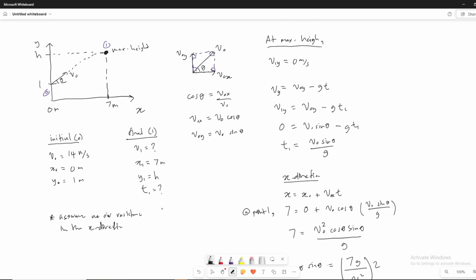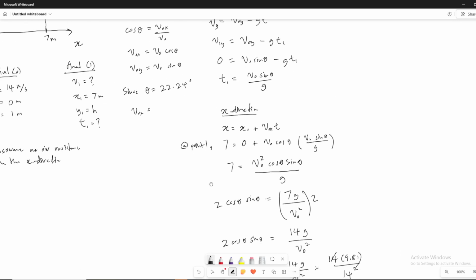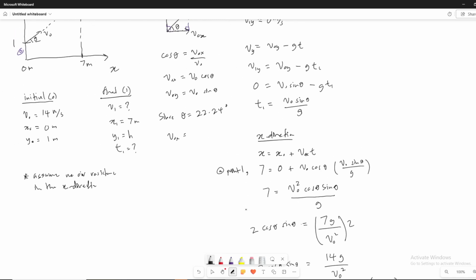So from here, we should calculate this. Since theta is 22.24 degrees, V naught x is 14 cos 22.24, which equals 12.96 meters per second.